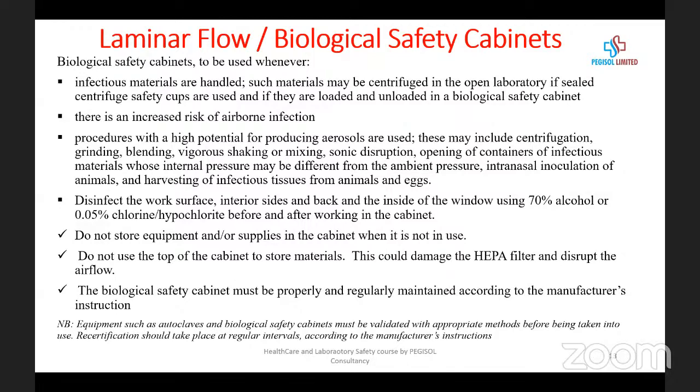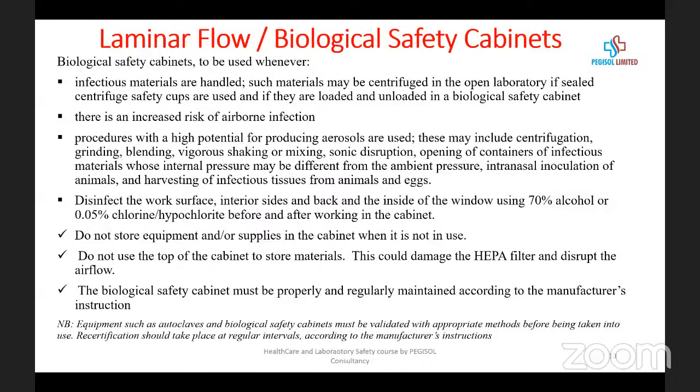This may include centrifuging, grinding, blending, vigorous shaking and mixing, disruption, opening of contaminated or infectious material, or the intranasal inoculation of animals and harvesting of infectious tissues from animals or eggs. So you should use a biological safety cabinet or a laminar flow to be able to do such procedures.